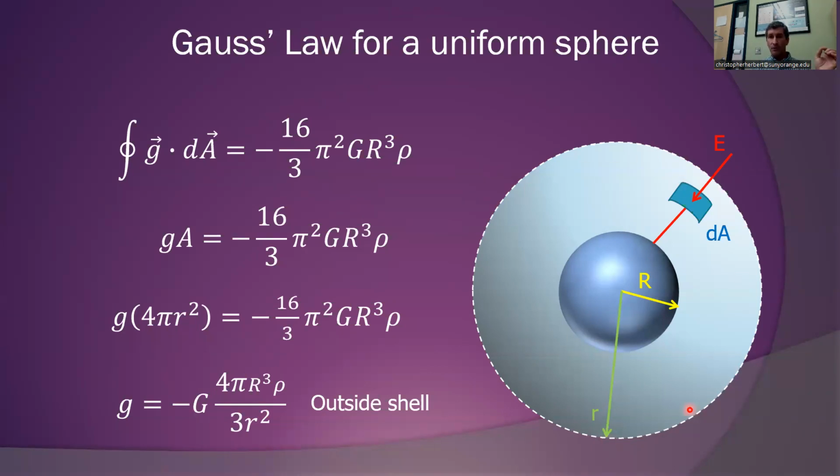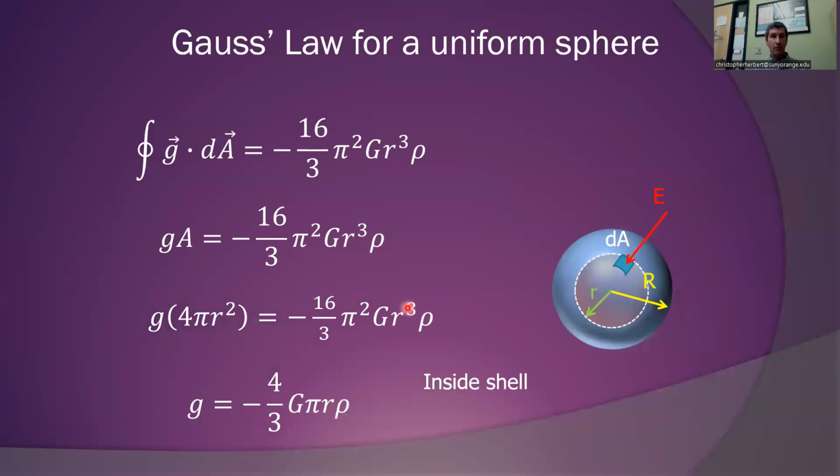As long as that sphere is uniform to whatever it's surrounding, you can do the integration very, very easily, because small g here is a constant. And when I integrate over an area, I'm just getting the area back itself. So outside the Earth, we get the same result that we saw before.